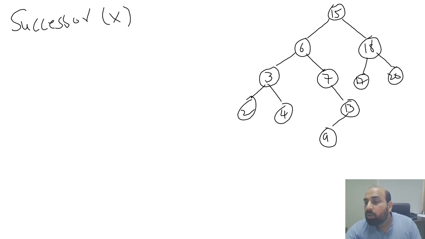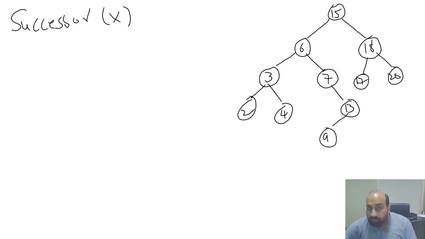Now the lowest ancestor. What are the ancestors of 20? 18 and 15. So the lowest one is 15. So the parent of 15 is the successor of 20. The parent of 15 does not exist, that is nil. So that means the largest element in a key does not have any successor. These are the simple rules. Let me repeat.